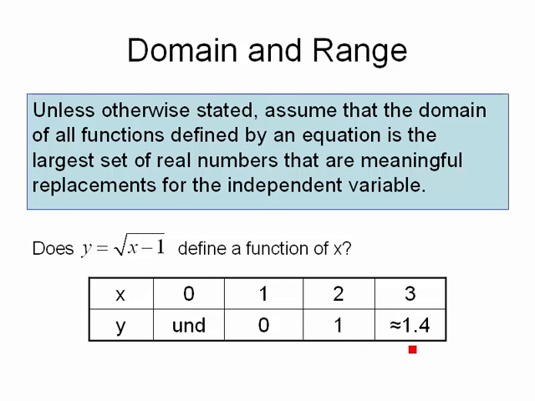As long as I restrict myself to things that are 1 or greater, that's telling me what the domain is. What I get out are things 0 or greater, that's telling me what the range is. So in looking at this, I'm thinking that my domain is numbers 1 and larger, and my range is numbers 0 and larger. And all I'm doing is I'm just kind of thinking about what's going on.